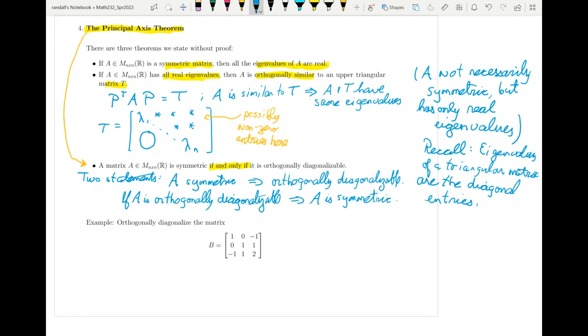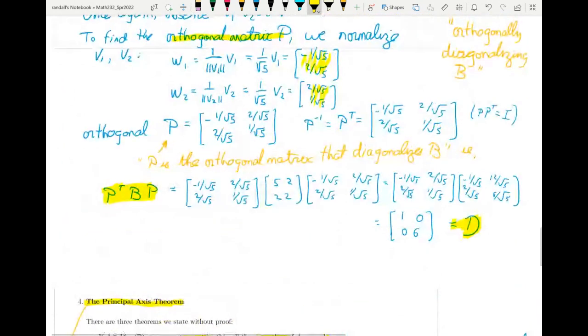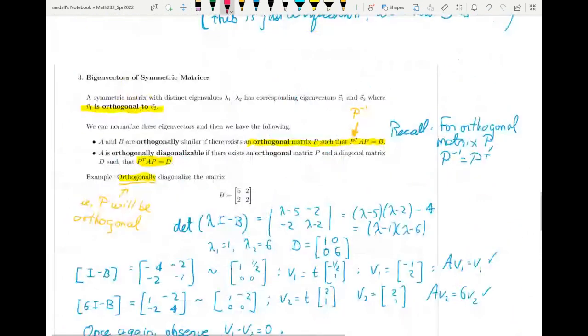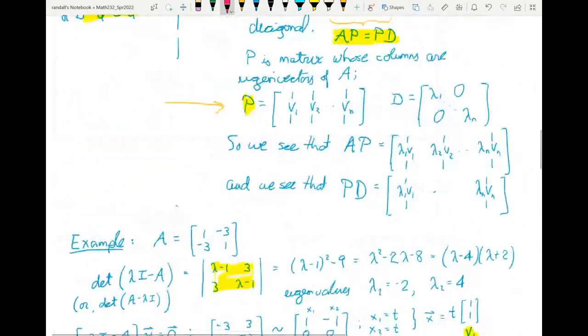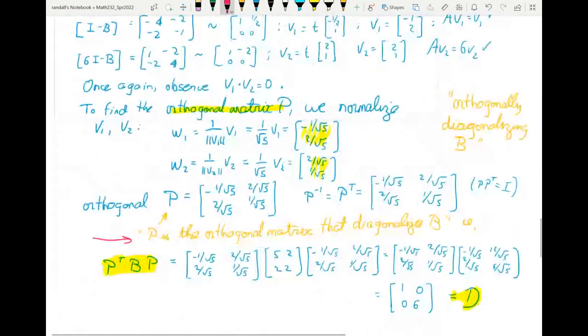Let me just remind you of this English sentence again, orthogonally diagonalizable. That's a sentence we can and will use on an exam. You have to unpack it. Didn't I write that down somewhere up here? Maybe I'll put it right here.